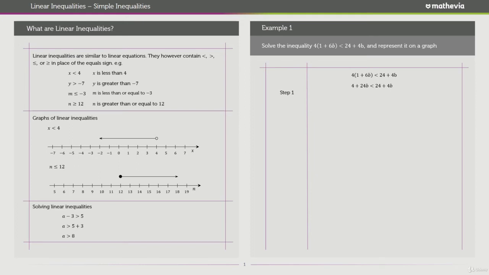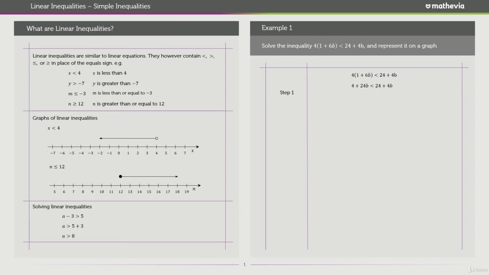So we have 4 plus 24b less than 24 plus 4b, and then we're going to move our terms around. Pay little attention to the inequality sign, just think of it as an equal sign.